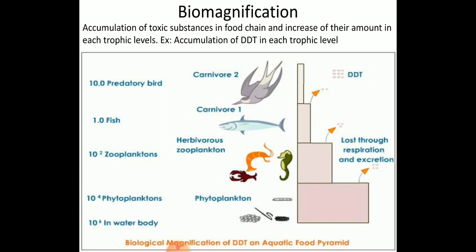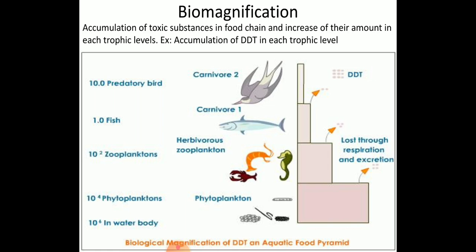The J-shaped curve means initially the population level will be less, and if you continue, it will keep increasing. But if you take the S-shaped, initially the population growth will be less, then suddenly it starts increasing. When it reaches a particular level, the population starts stabilizing. That's the S-shaped curve, that's a sigmoid curve. J-shaped and S-shaped curves represent population growth.